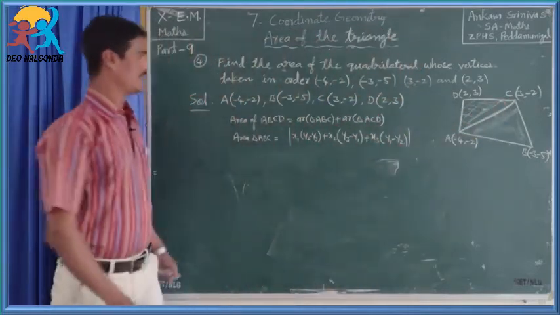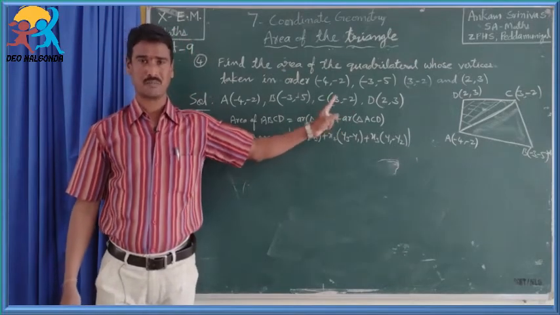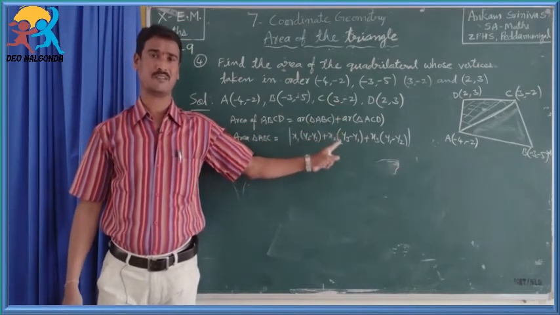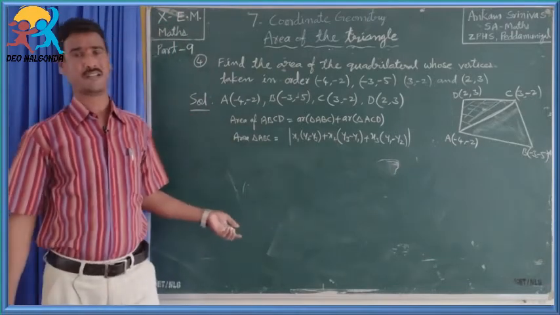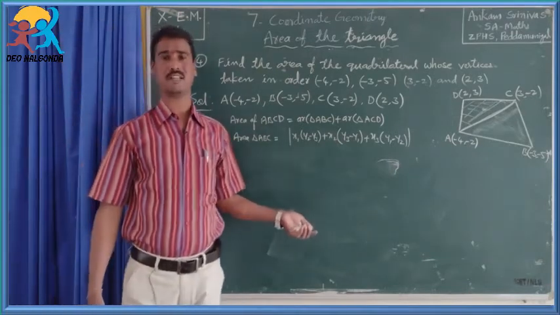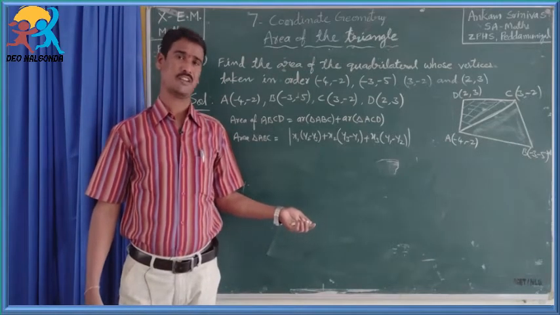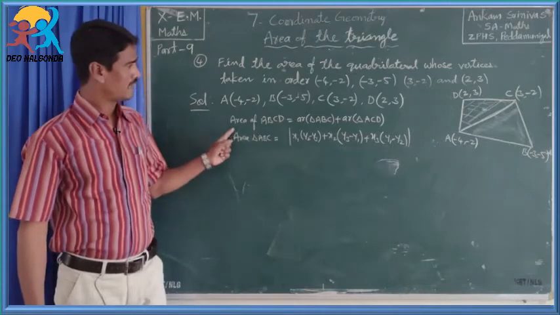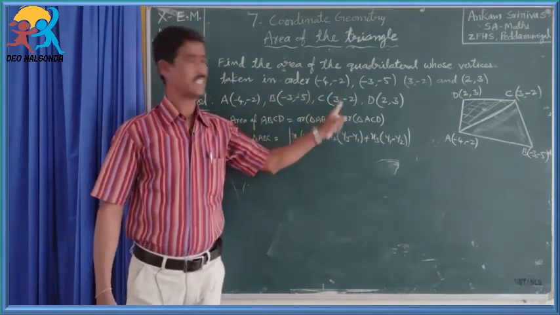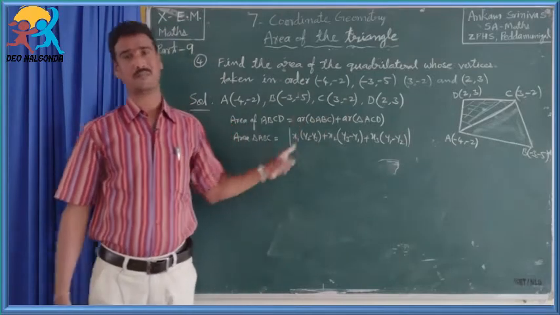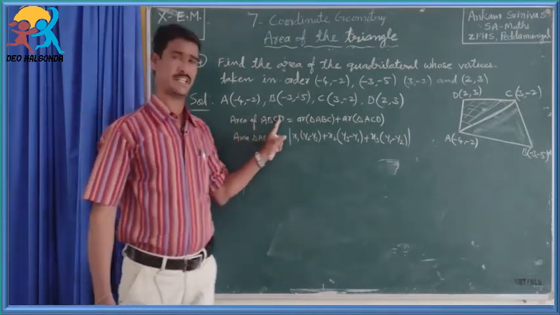So first we divide the given quadrilateral into two parts and use the formula for the area of a triangle, half of x1 times (y2 minus y3) plus x2 times (y3 minus y1) plus x3 times (y1 minus y2). Then we get the area of triangle ABC and the area of triangle ACD separately, and adding them we get the area of quadrilateral ABCD.